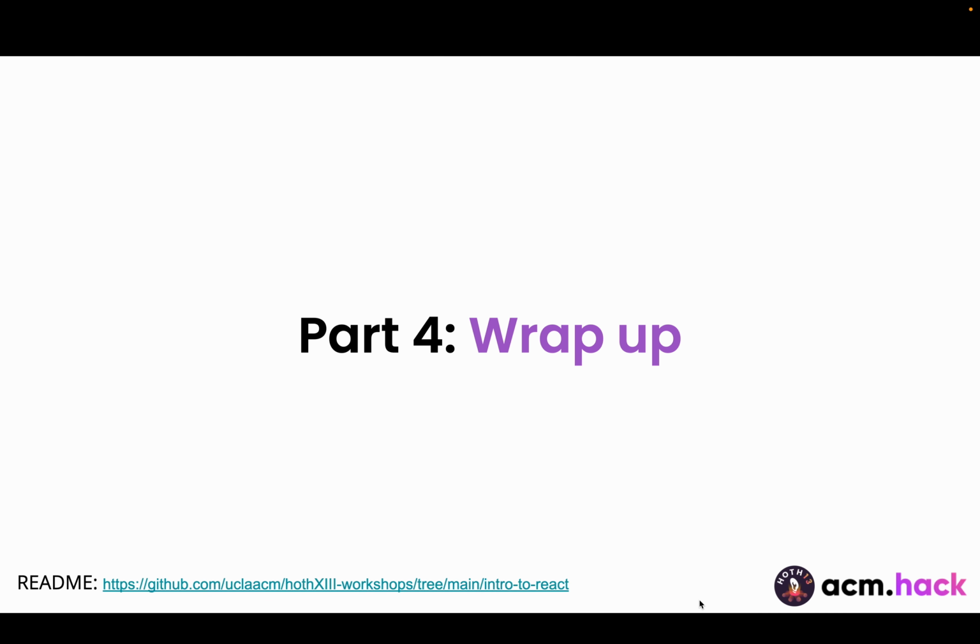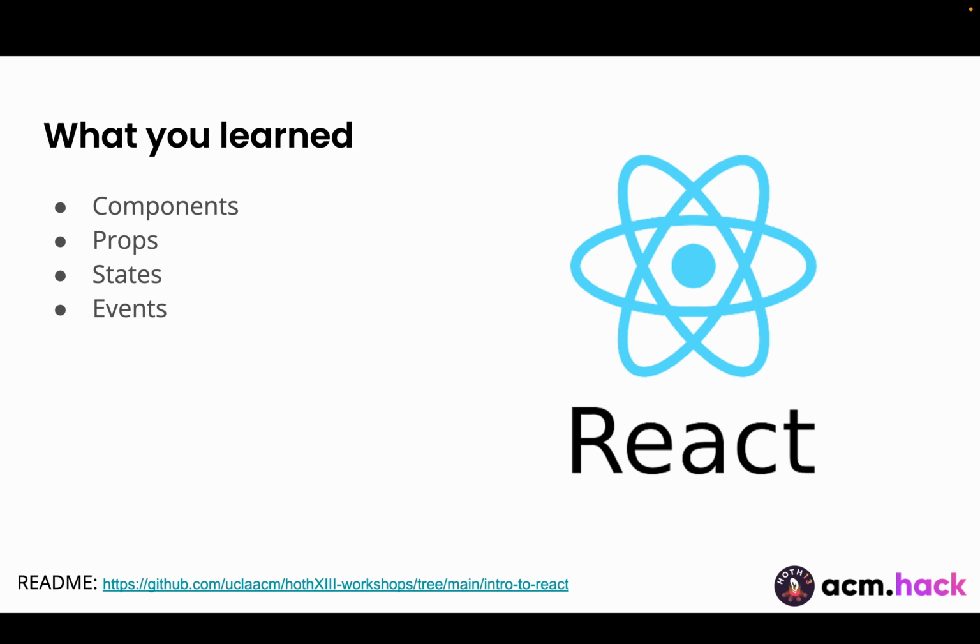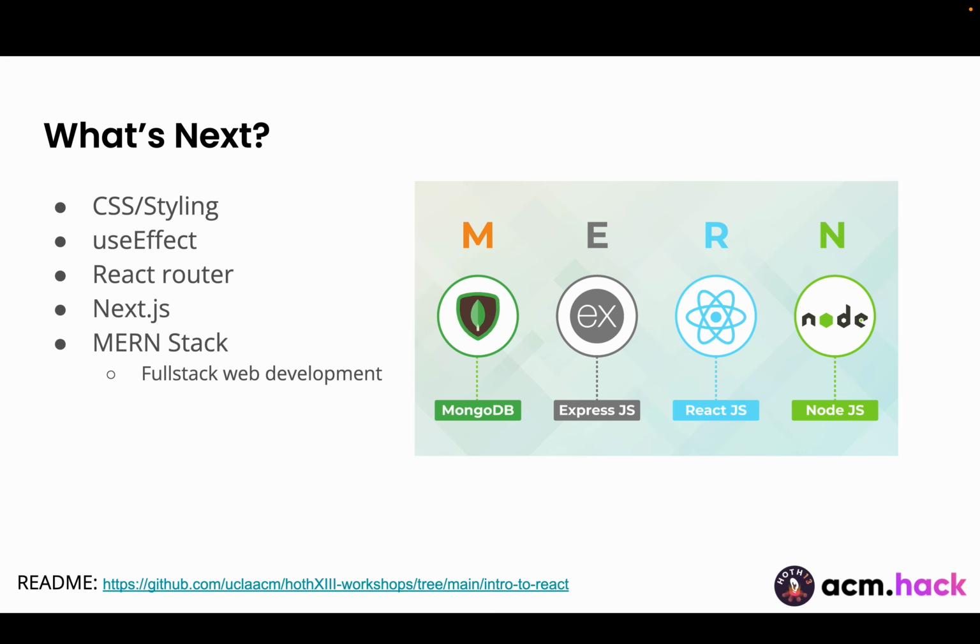So let's wrap up what we've learned so far. We learned about components, props, states, and events. These are the four things that you really need to create the skeleton of a React front end. But that's not the only thing you can do in React. We obviously can do CSS and styling, which is the entire other section of making your app look good.